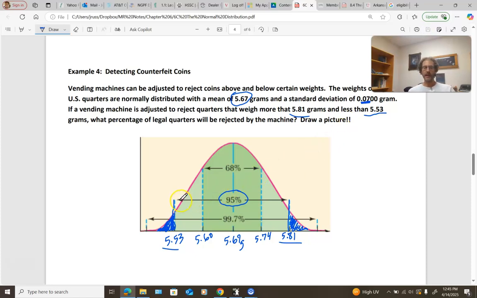So if 95% is between these two values, then that must mean 5% is in those two tails. In other words, 100% minus the 95% leaves us with 5%. That's 5% in both tails, so in each of these tails there would be 2.5%. You divide 5% by 2.